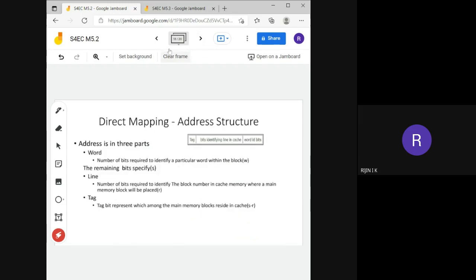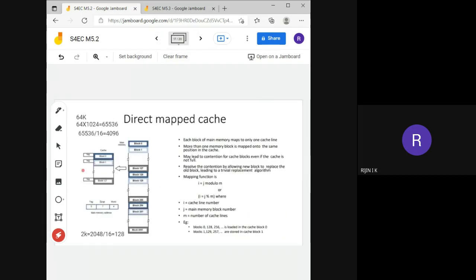So in this direct mapping technique, here in this example, the main memory address is a 16-bit address.